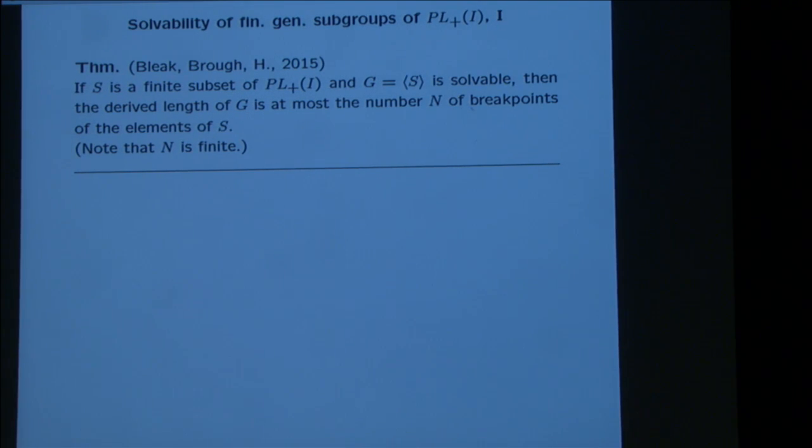Okay, so if you remember, for Thompson's group F, for example, we had, I've lost white. I must have taken the only white away. So Thompson's group F had these two generators, x0 and x1. There they are.